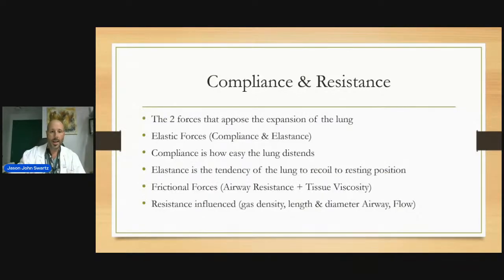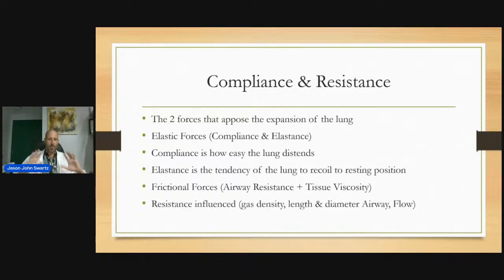Pulmonary mechanics. So we have compliance as well as resistance. These are basically the two forces that will oppose the expansion of the lung. So we have the elastic forces. We often talk about compliance, which is how easy the lung will inflate or distend. And we also have elastance, which is the recoil of the lung and its desire to return back to the resting position.